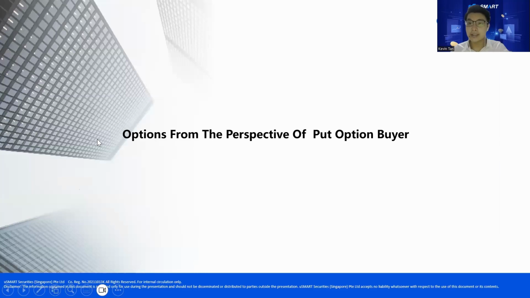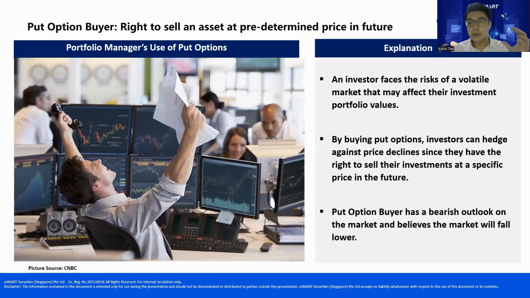So how does an option work from the perspective of a put option buyer? Imagine that you are a portfolio manager managing a portfolio of equities, and the equity value will vary according to market conditions. As an investor, you face the risk of a volatile market, which may affect your portfolio value.